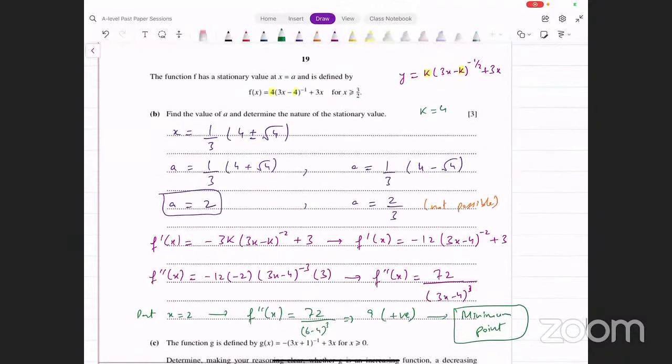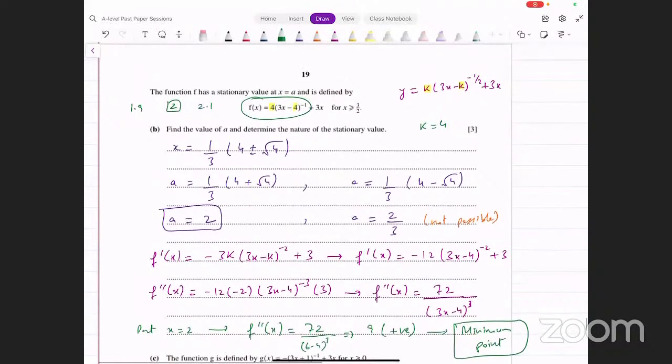The other idea is आप इस फंक्शन के अंदर क्या करें, एक दफा 2 इनपुट कर दें फंक्शन के अंदर, that's the stationary point. 2 इनपुट कर दें, एक 2 से थोड़ी सी छोटी वैल्यू डाल दें, let's say 1.9, एक 2 से थोड़ी सी बड़ी वैल्यू डाल दें 2.1. तो होगा क्या, क्योंकि ये मिनिमम पॉइंट है, तो 2 पे क्या वैल्यू आती है इसकी, let me figure that out. 2 पे वैल्यू क्या होगी, 4 into 4 divided by 2 हो जाएगा 2 plus 3 into 2, that's going to be 8. 2 के ऊपर फंक्शन की वैल्यू मेरे पास आती है 8.